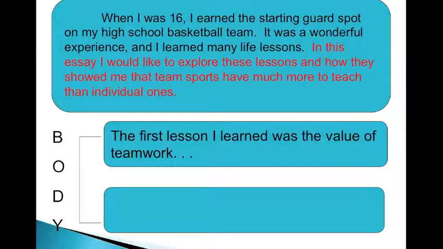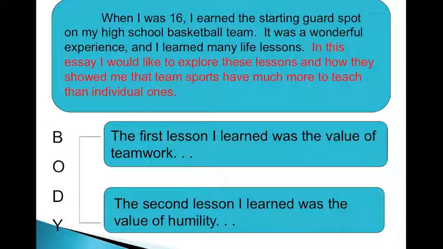Here comes our first topic sentence. The first lesson I learned was the value of teamwork. Okay, here comes the topic sentence for the next paragraph. The second lesson I learned was the value of humility. Now notice the word lesson. This is one way that I helped provide a stronger connection from my topic sentence to the thesis and the introduction.